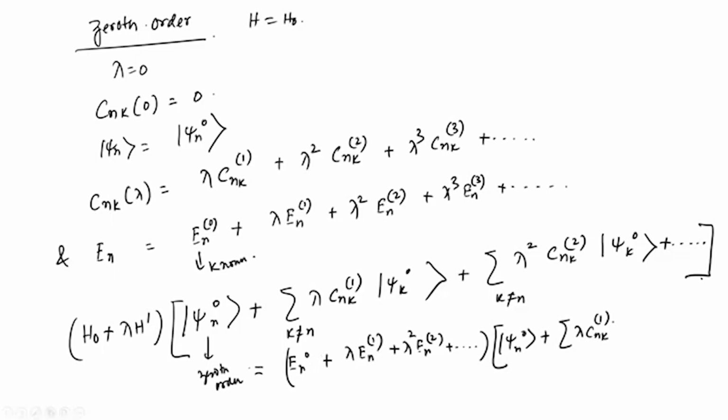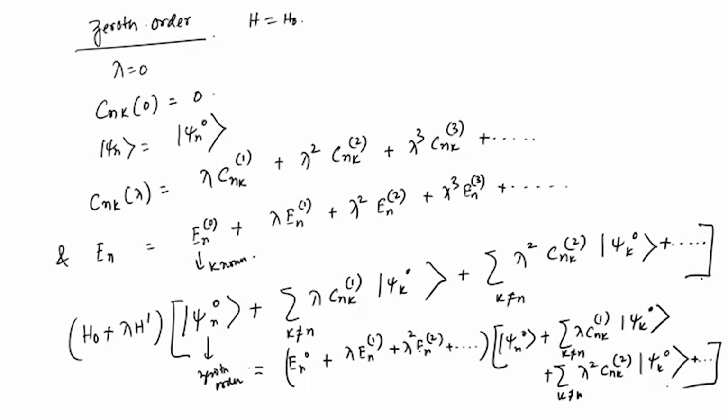So, that to make this unperturbed problem appear distinct. So, this is psi k 0, and then we have a k not equal to n again, lambda square c n k 2, and we have a psi k 0 and so on. Okay.